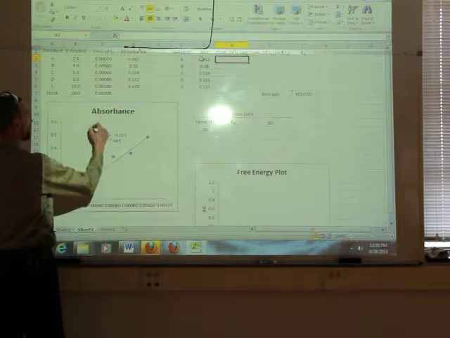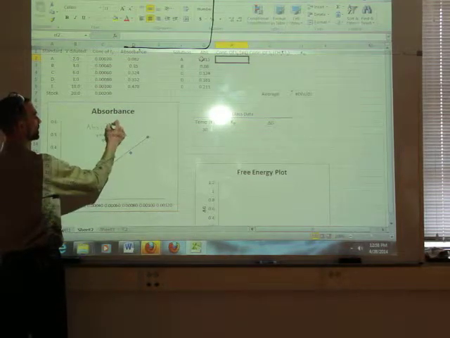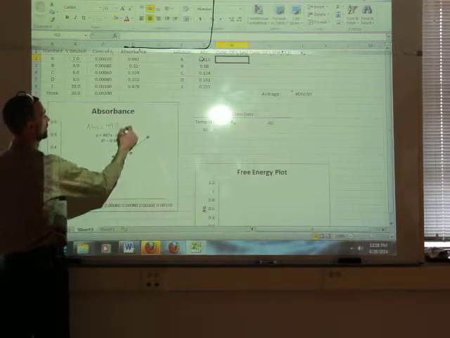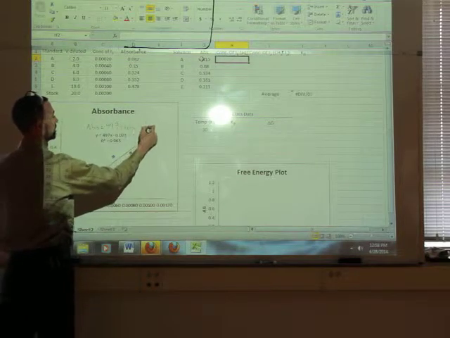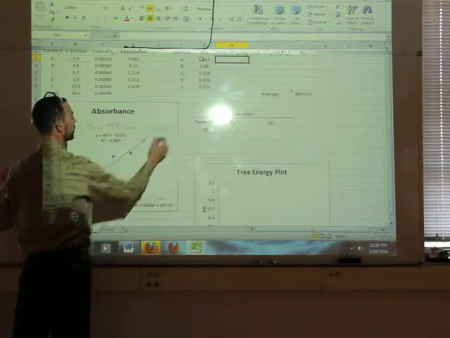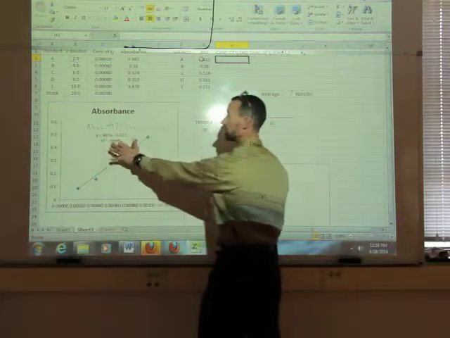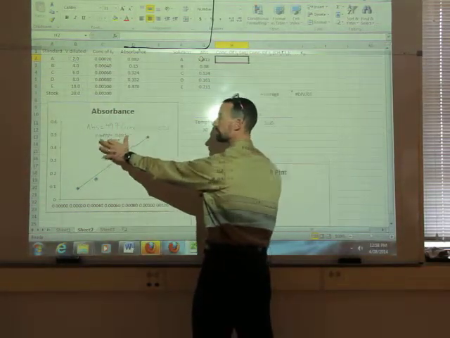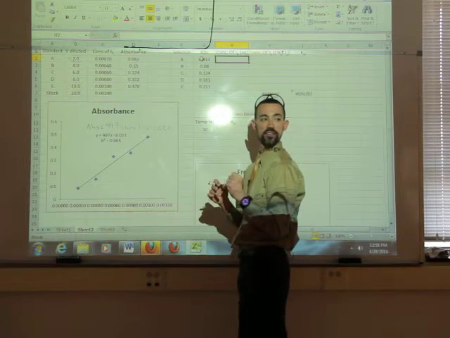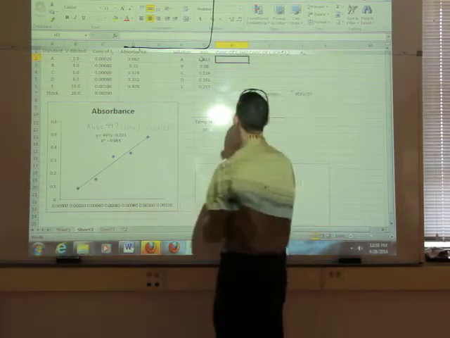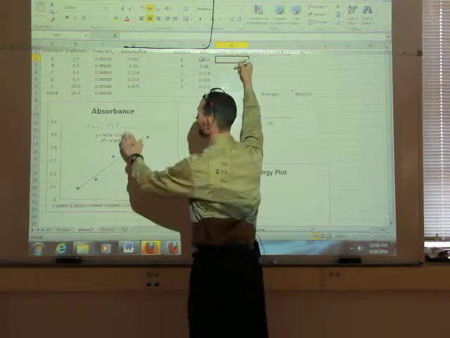It tells us that the absorbance is equal to this 497 times the concentration minus 0.0021. So to calculate the concentration for this specific standard, everyone's going to have a different equation here for their specific set of standards. What we need to do is work backwards for the x.